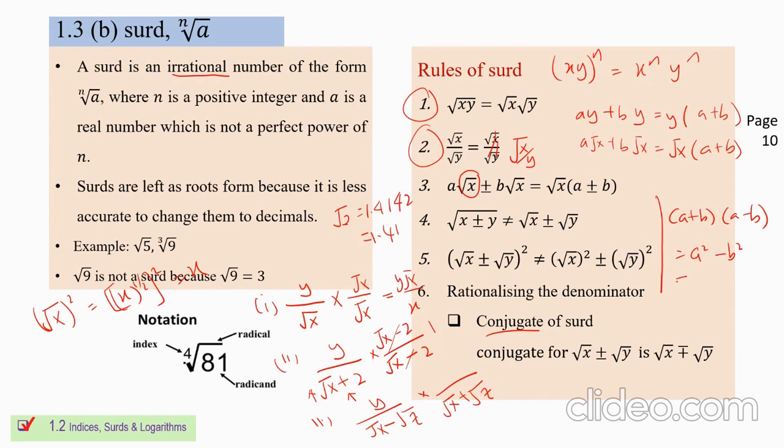So when I have surd x plus surd y, multiplying with my conjugate surd x minus surd y, I will get x minus y, where my surds disappeared. This is the main reason for rationalizing, so that is your aim in multiplying with the conjugate.